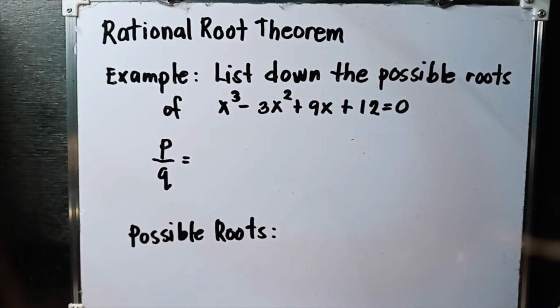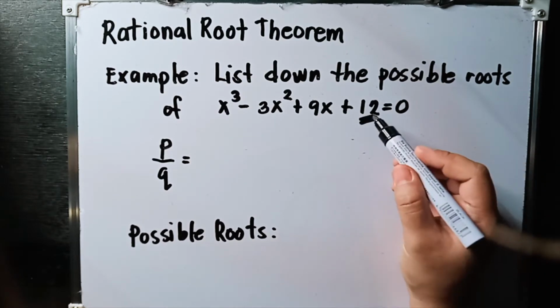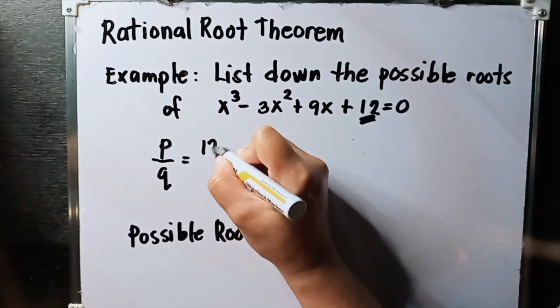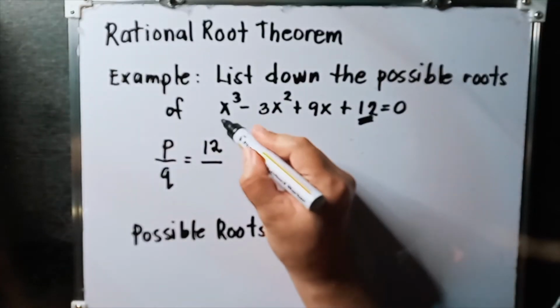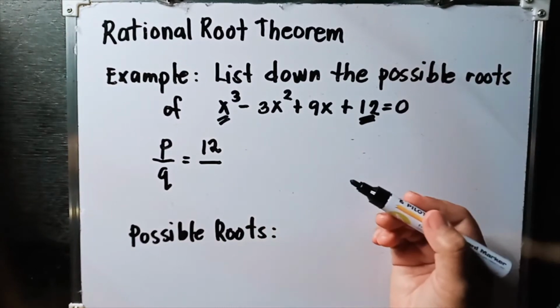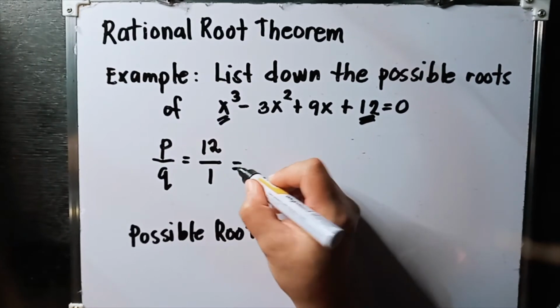Now, let us try to work on this next example. List down the possible roots of x cubed minus 3x squared plus 9x plus 12. Again, let us identify our constant term, which is 12. We're going to place it in the numerator, and our leading coefficient is found here. The leading coefficient is 1.